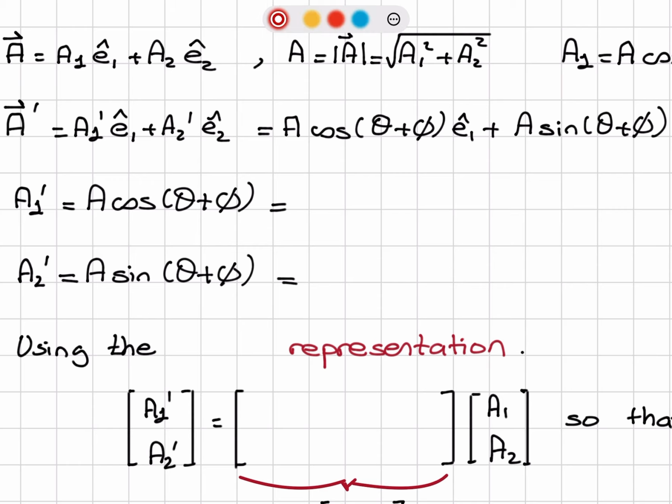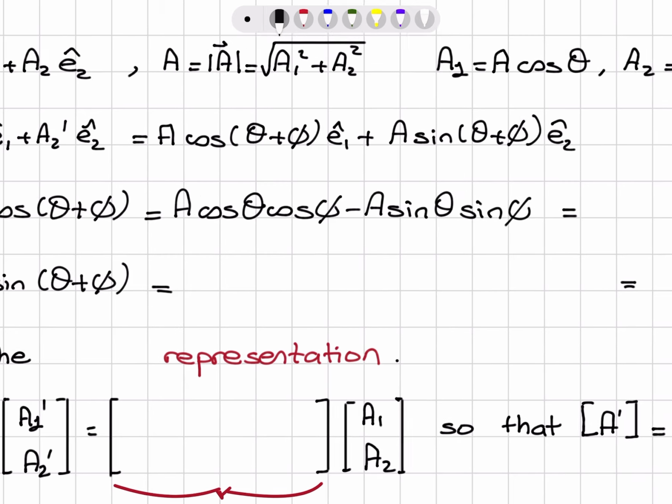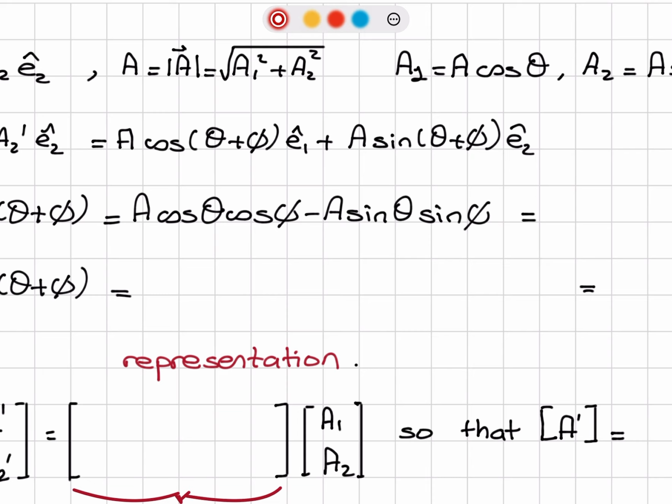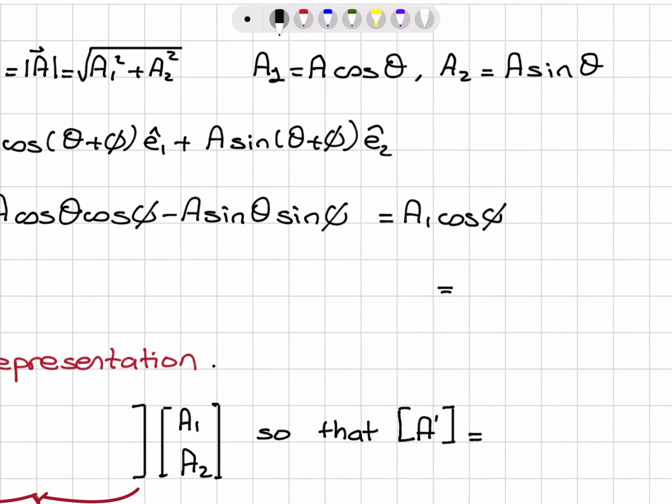And using the sum of two angles cosine formula, I can write this as A cosine theta cosine phi minus A sine theta sine phi, where A cosine theta is what A1 was originally. So it's A1 cosine phi, and then I have minus A2, since A sine theta is A2, times sine phi.